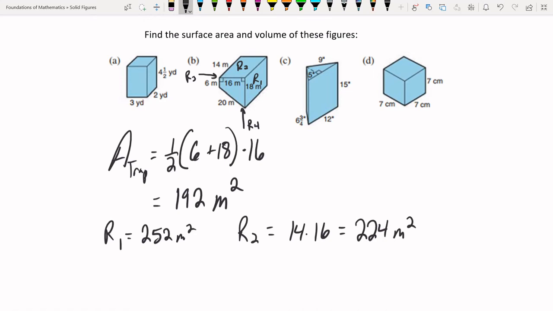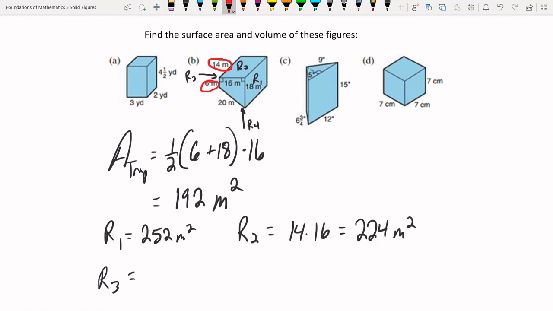Okay, now rectangle 3 and 4, these ones we can't actually see. And so you kind of have to visualize it, but you can still use the information given to figure them out. For rectangle 3 here, you see that 14 meters is one side, and 6 meters is actually the other side.